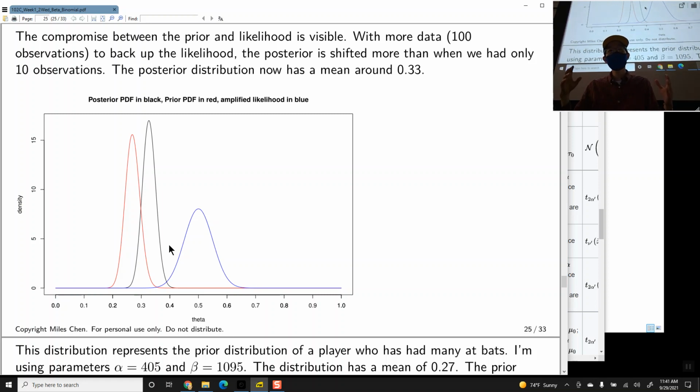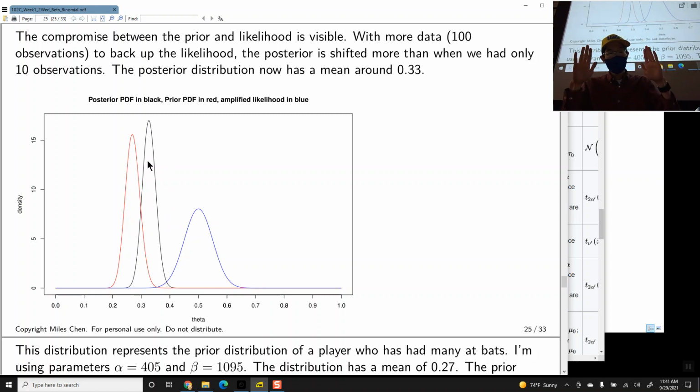Those two things now add up to 400, okay? And what we saw, if we remember, on Monday, is that when alpha and beta add up to a low number, it's more spread out. When alpha and beta add up to a bigger number, it gets more and more pointy, taller, less spread, okay? And that's what's going on. We basically have more data to back up our feelings about the batting average.